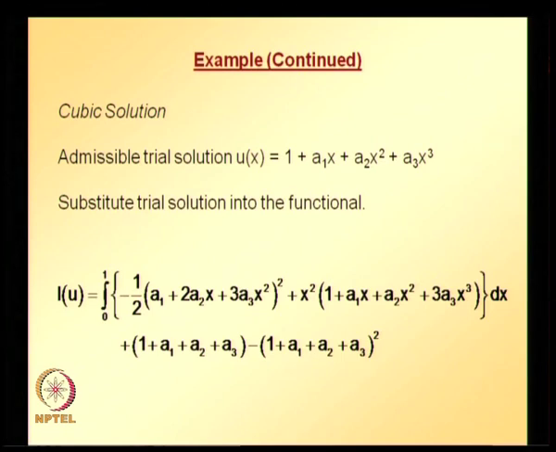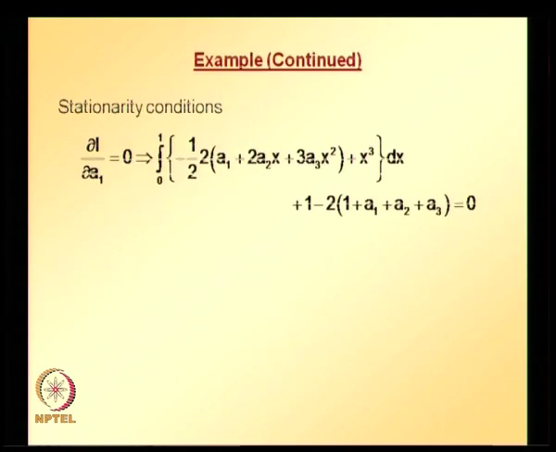Here you have 3 unknown coefficients, a1, a2, a3, and you need to apply the 3 stationarity conditions. I think by this time you know what the stationarity conditions are.